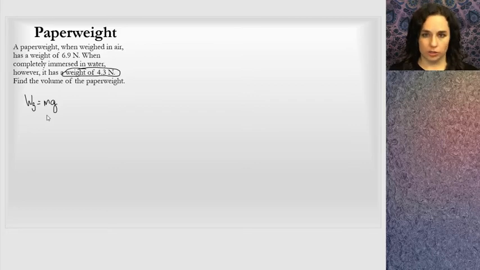It's an apparent weight, right? And what the scale is actually telling you is the normal force that's being applied in order to cause that motion. So in this situation, there's an initial normal force, N1, 6.9 newtons, and then there's a second normal force, 4.3 newtons. They're two different situations.